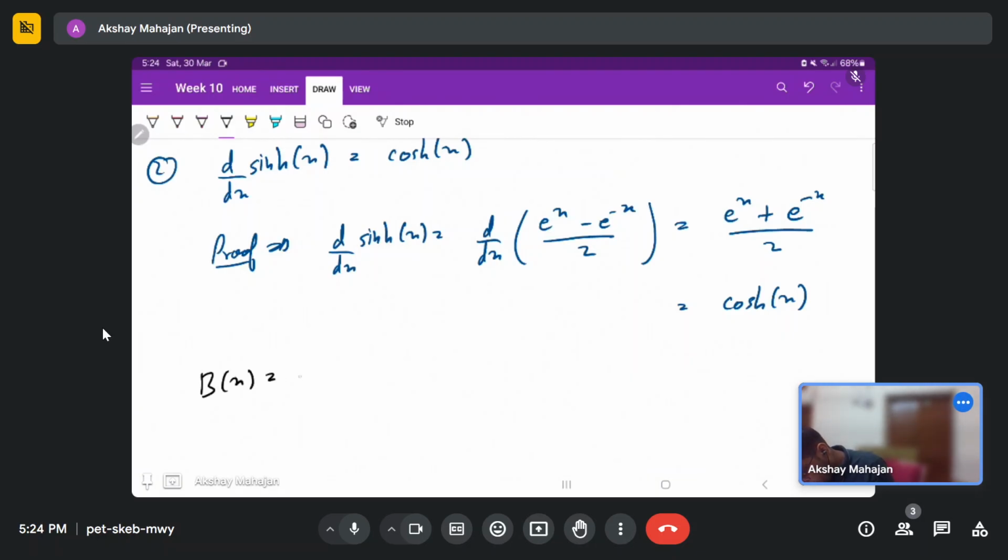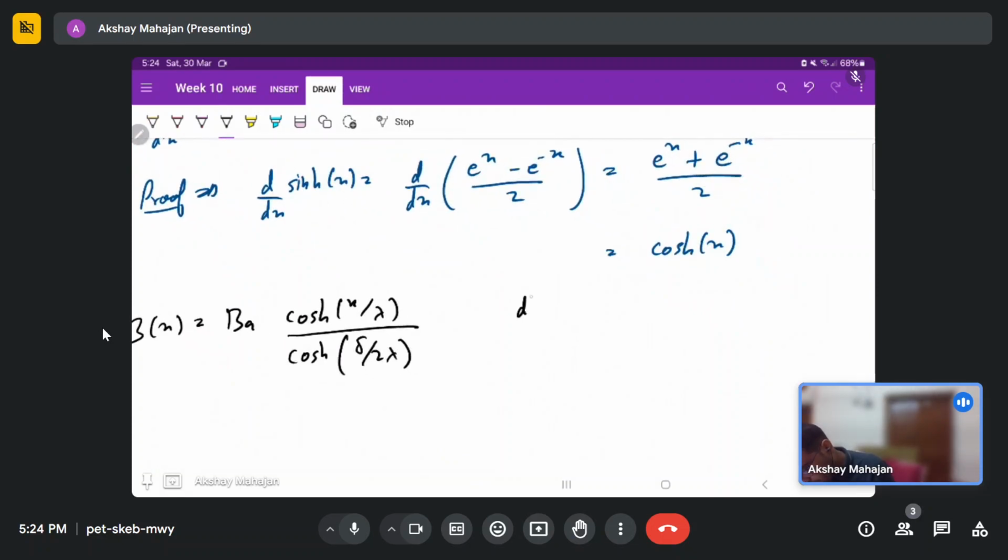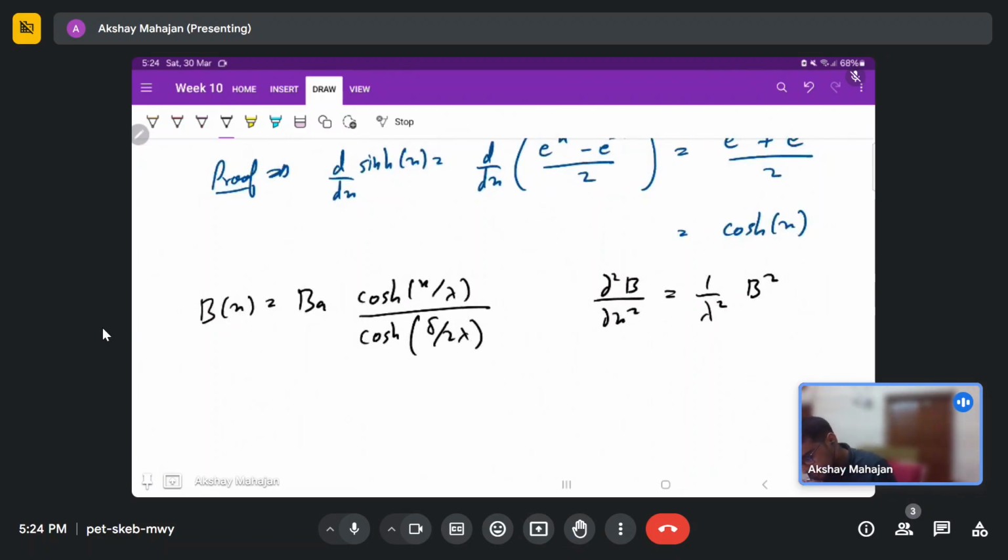B of x is given to us as B_a times cosh(x/λ) divided by cosh(δ/2λ), and the London equation that it has to satisfy is d²B/dx² equals 1/λ² times B. Okay, so this is the equation that we have to satisfy.